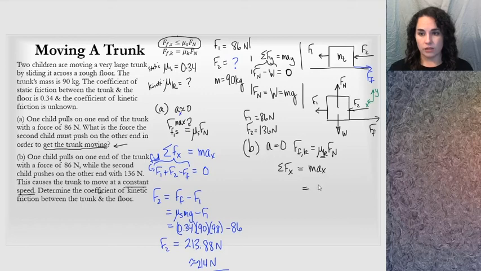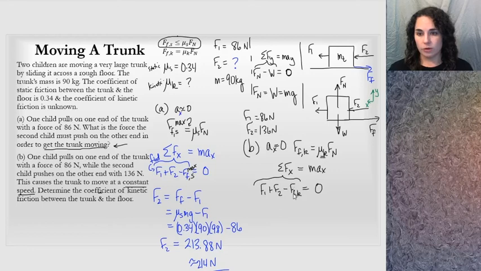I know mathematically acceleration is equal to 0. That was given. Over on this side of the problem, I'm going to have the same forces, but the friction force is going to be kinetic rather than static like I had over on this side of the problem.